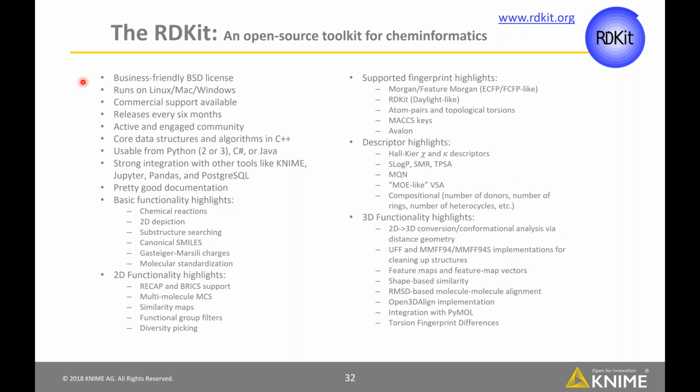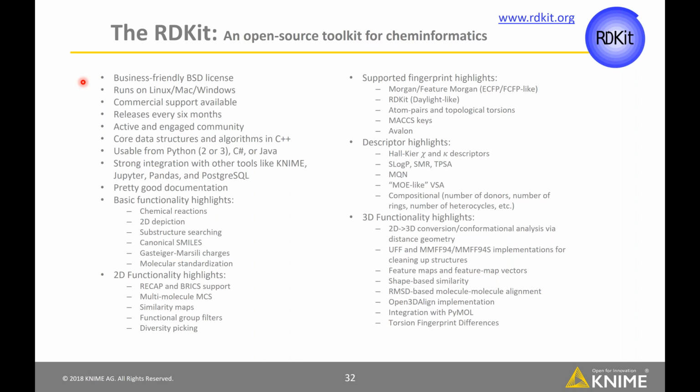I'll flag up a couple of important things about the software package. One is that it is open source software, but it is licensed in such a way that is very business friendly. So it's very easy to integrate the RDKit into commercial software. And that's something that I, as the primary developer, and the other developers on the project consider a very good thing. So we're happy to have people using it in the community, in industry, and in software companies.